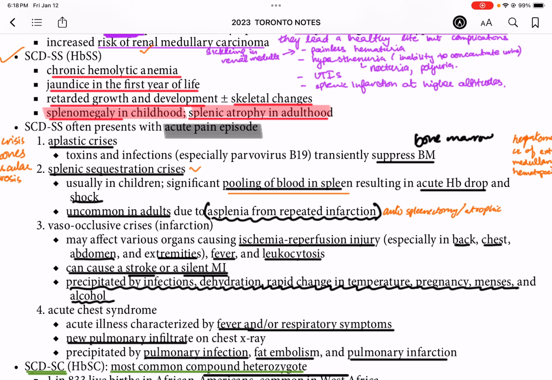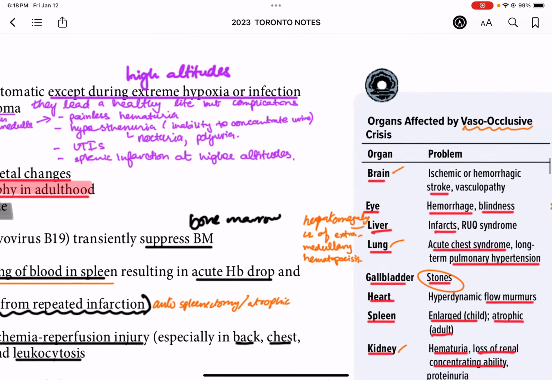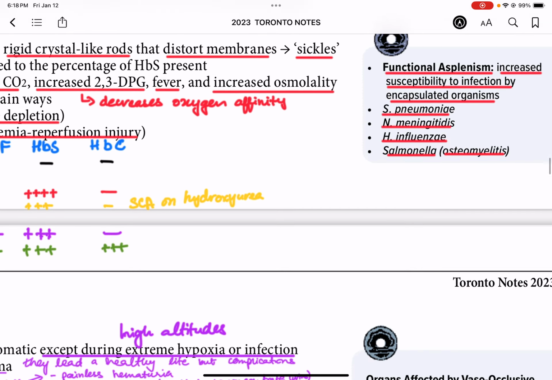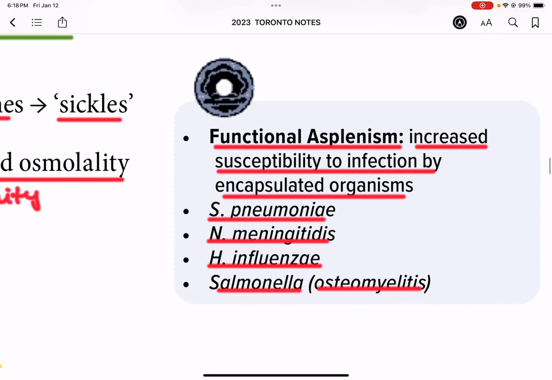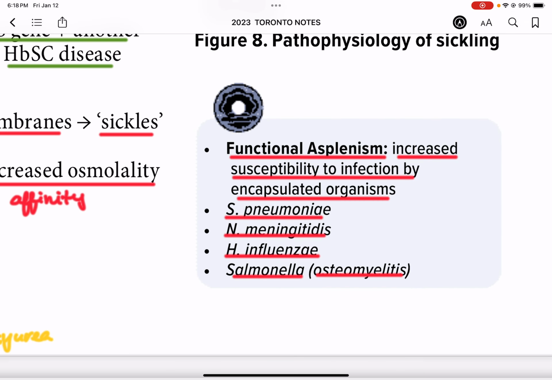So we did not remove the spleen, we did not do any splenectomy, but there is no more spleen anymore. So this is functional asplenism. There's no organic cause behind it, but functionally the spleen is not working.